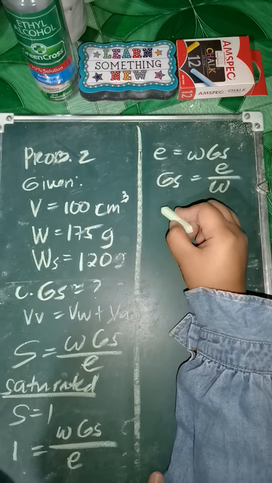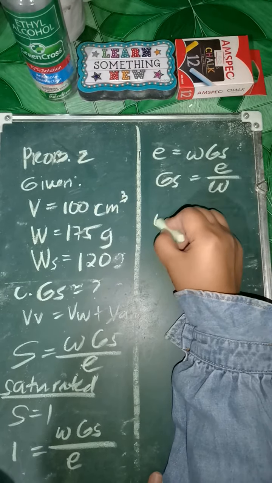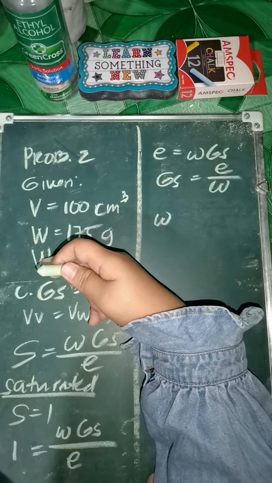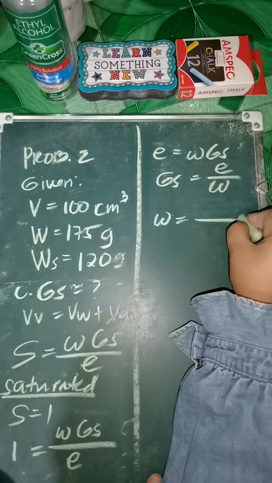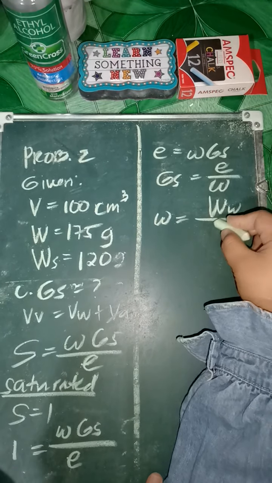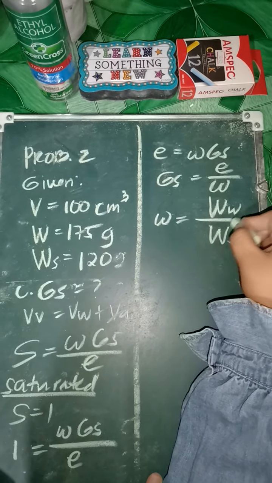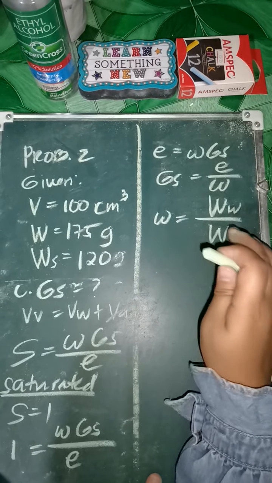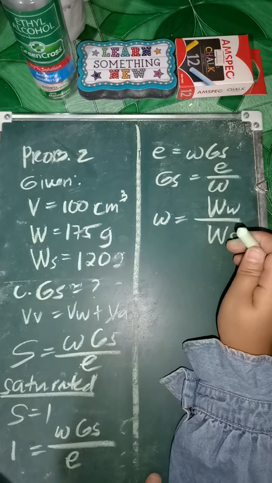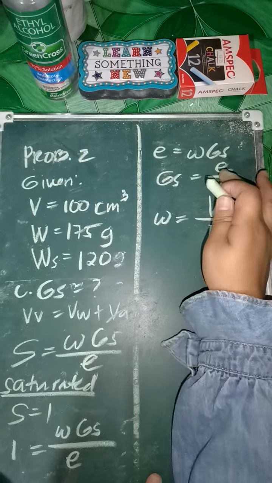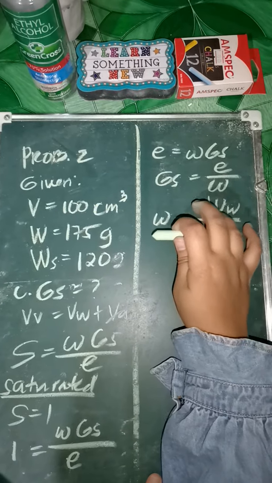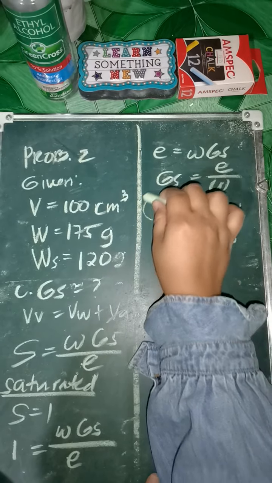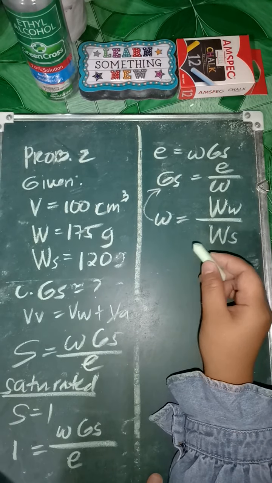Wherein our moisture content, since our given is more on the weights and the volume, is equivalent to the weight of the water over weight of the solids. So we can compute this one first and then substitute to the problem, or we can create another equation in relation to that equation.